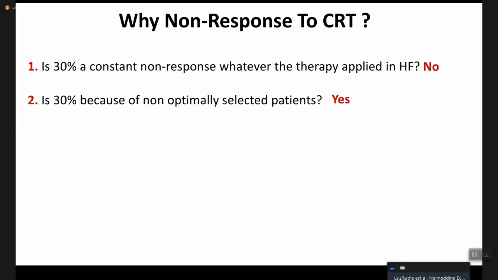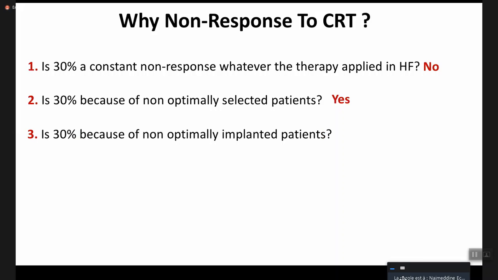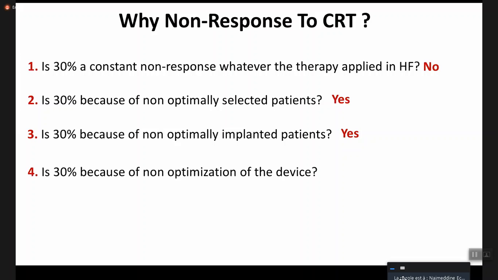I still do think, yes, we still have a certain percentage of patients coming and non-responding to CRT. And when we turn the CRT off, actually, we discovered that the QRS are narrow. In this situation, if you are really facing such a problem, it's better to turn off the CRT, because it will be harmful. Because they are not optimally implanted, I would say yes, because it's anatomy driven.